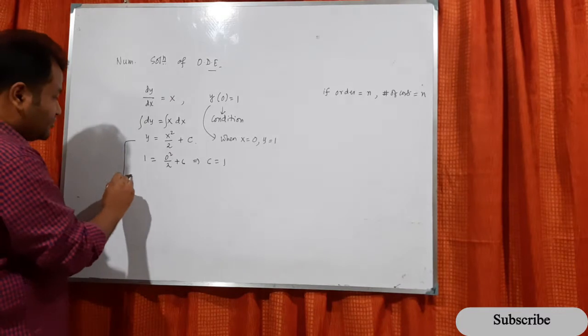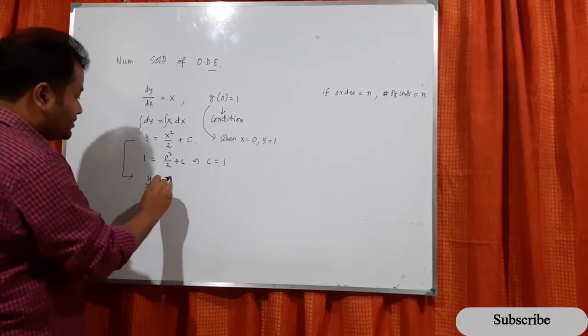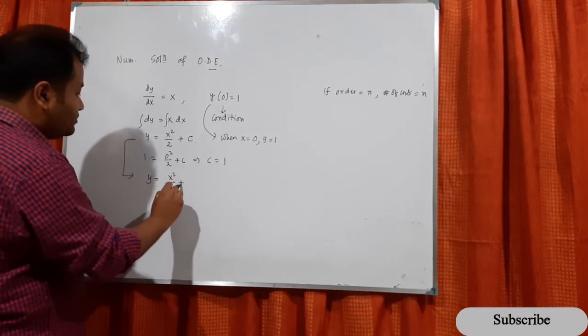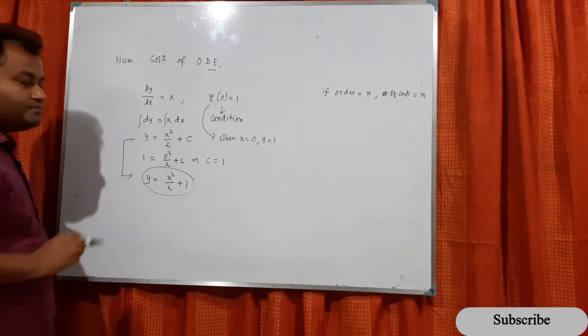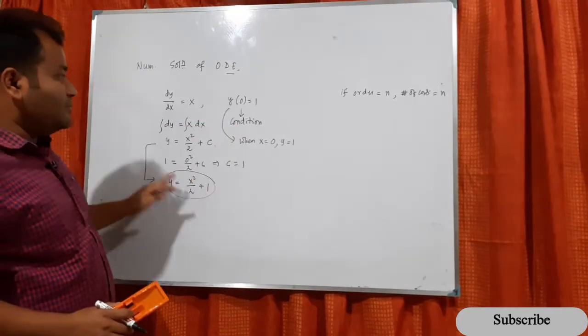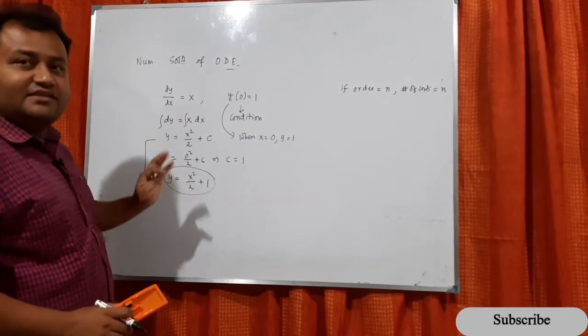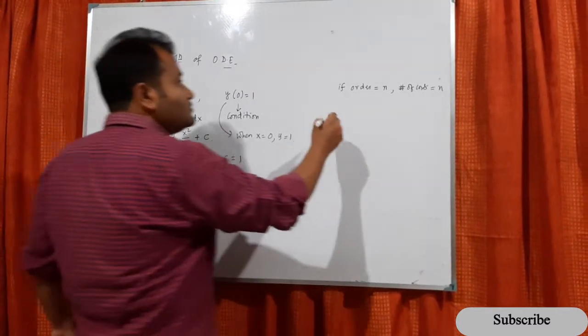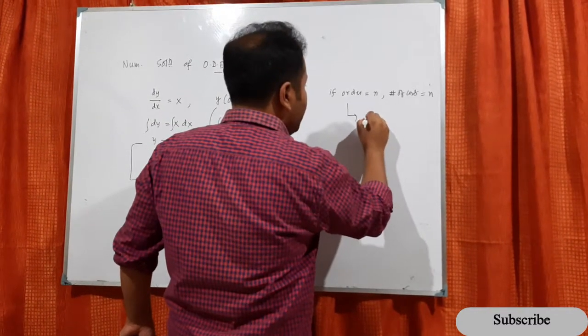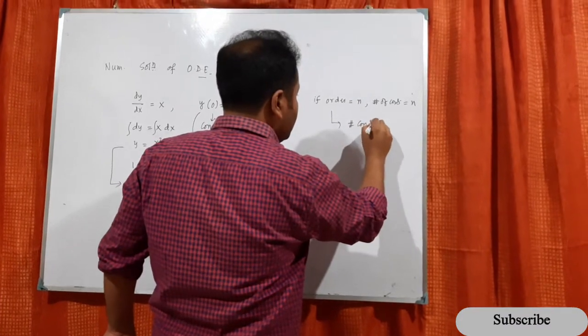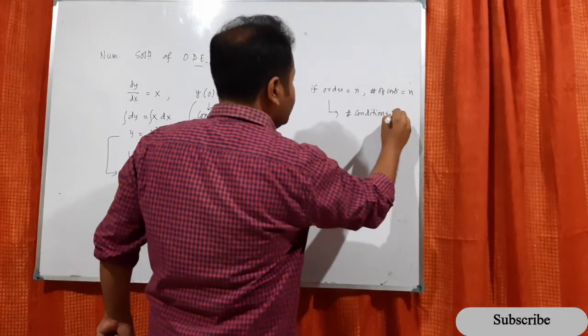So what is the final solution? The solution is y equals x square by 2 plus 1. Understand? So these are some of the things you need to understand. So if the order is n, then the number of conditions will also be n.